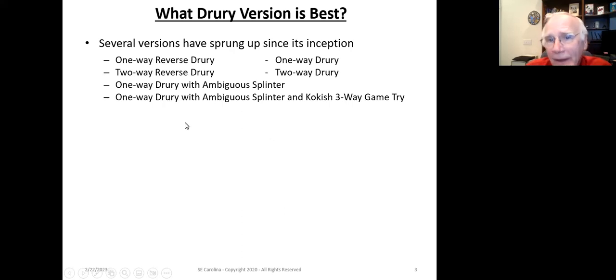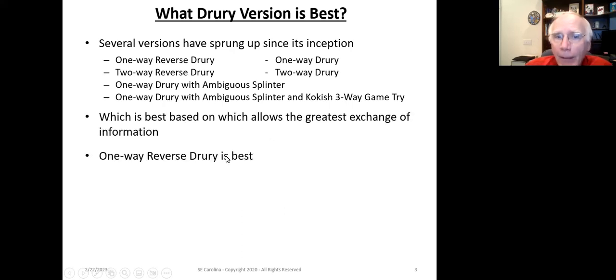Okay, so what's best? Well, one-way reverse Drury is the best, and I could explain how this name evolved. The reverse came because the first person that invented Drury actually created it in a way that wasn't optimal. They in essence reversed the meanings of the bids between a weak hand and one that you wanted to explore a game.